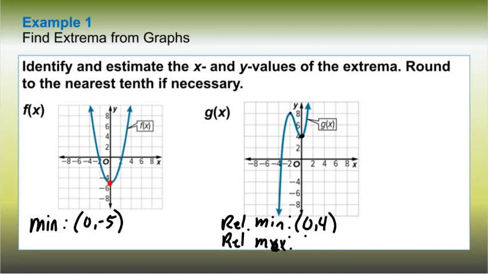The relative max here would be not 0, but -2, 8. And that would be a relative max because we do have a high point. We just don't have a regular maximum because we don't know it goes on to infinity. So this would be just a relative max and a relative minimum.